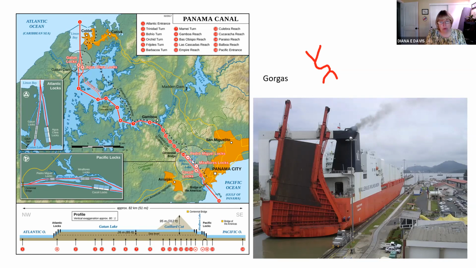And then there was more land work to get down to the Pacific. Now, this area had a very high incidence of malaria. And it also had a disease called yellow fever, which nowadays there's a vaccine for, and it's not very common at all. But at the time, it was another one of the big deadly diseases.